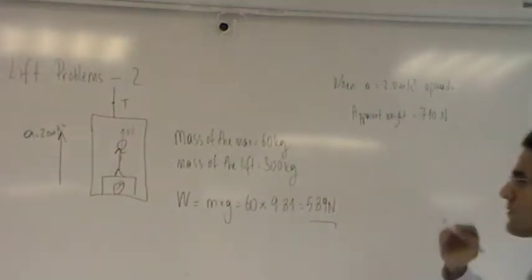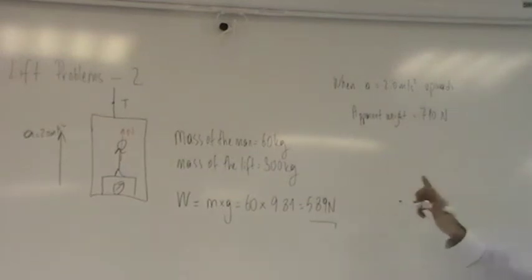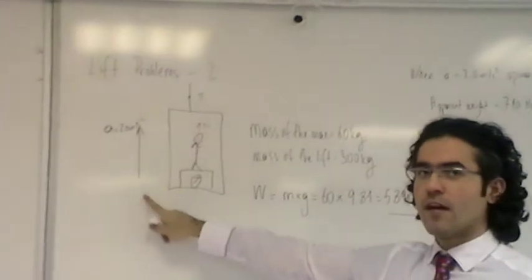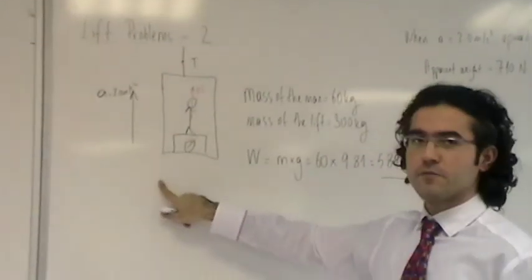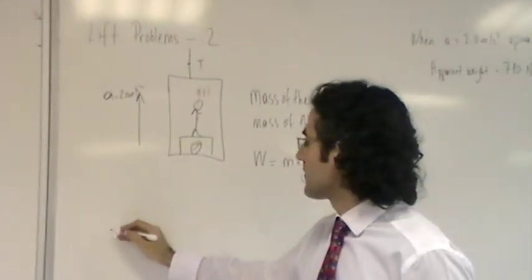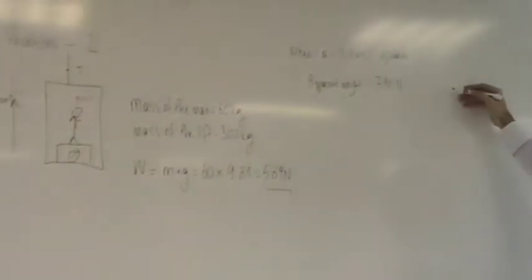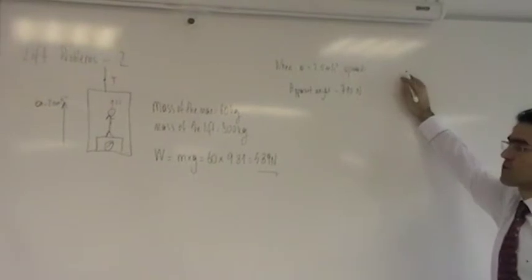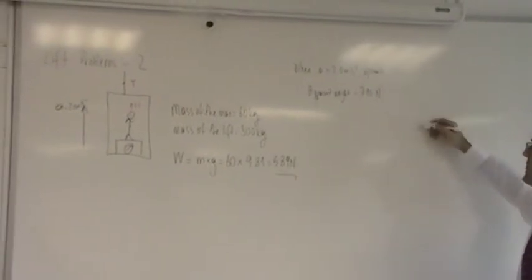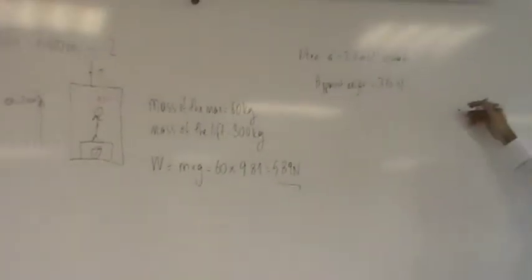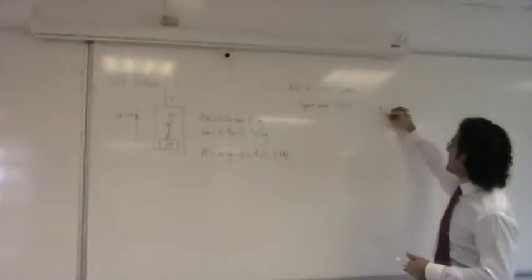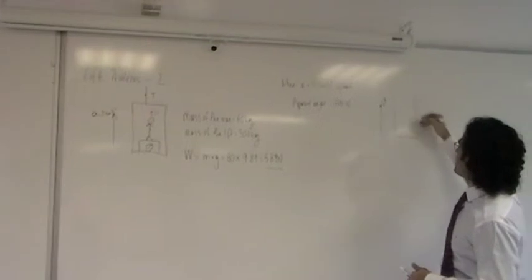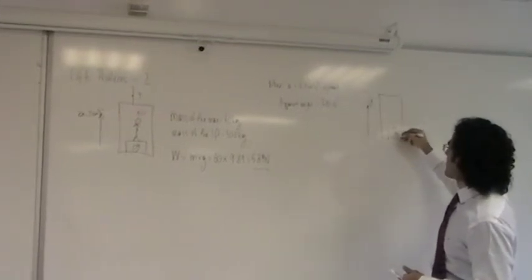What I'm going to solve now is this: the elevator has an acceleration of 2 meters per second square and the elevator is slowing down. So in the second question here, the elevator slows down with 2 meters per second square, but it is going upwards. Okay? The velocity is going upwards, this lift is going upwards, but it is slowing down.